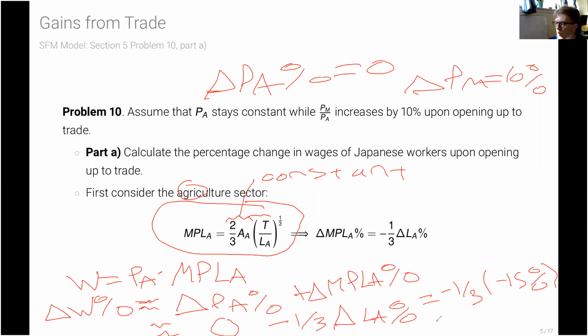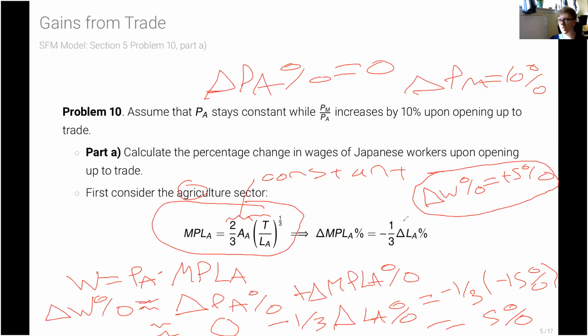Okay, and so notice that if LA is decreasing, then we need to put a negative in front of this percentage change. Okay, and so the negative 1/3 times negative 15% is going to be 5%. So in total, what can we conclude? Well, the wages of workers in Japan in agriculture are going to increase by 5% when we open up to trade.